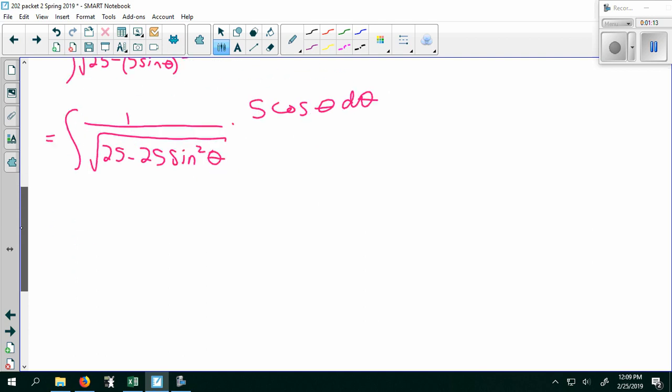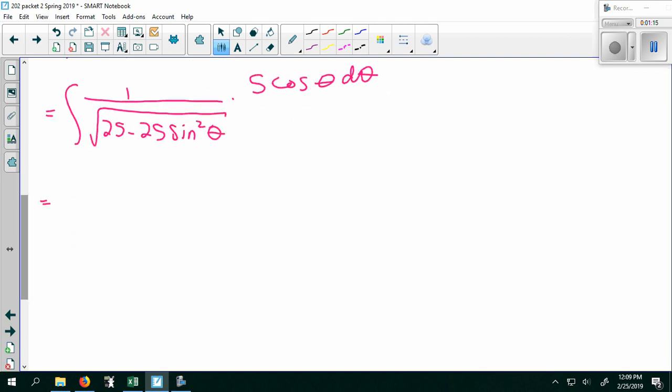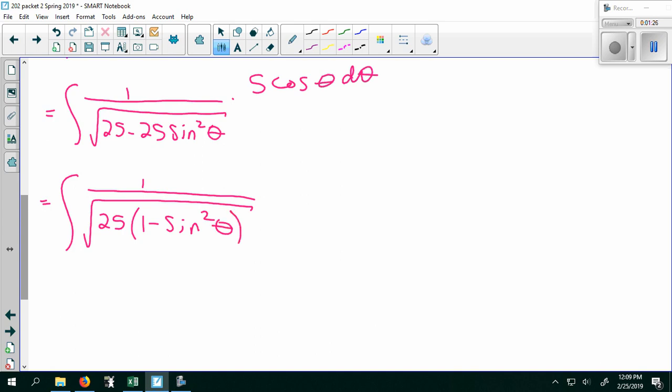Factor out a 25. And I get 1 minus sine squared theta. And then times 5 cosine theta d theta.